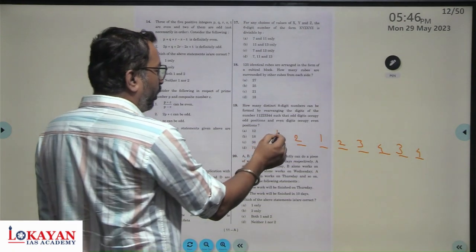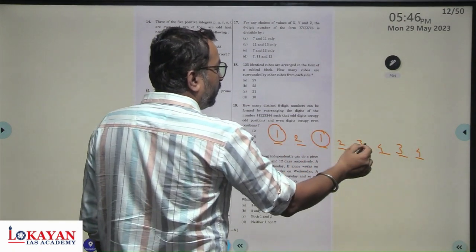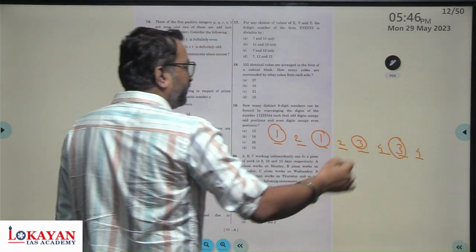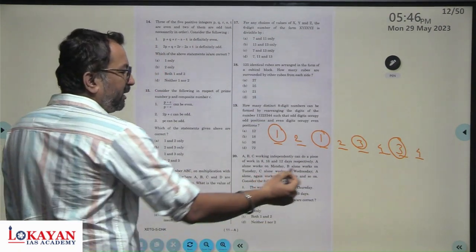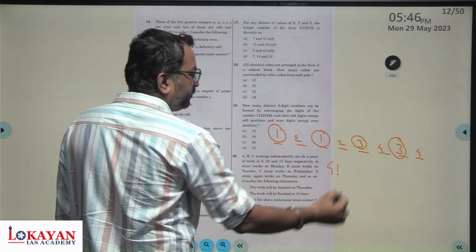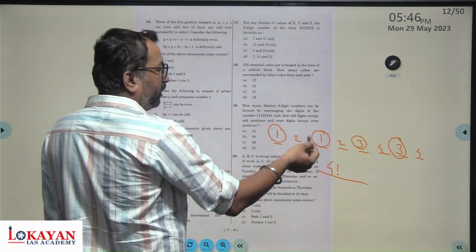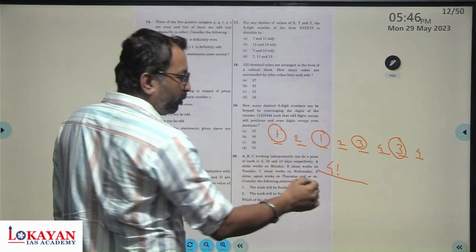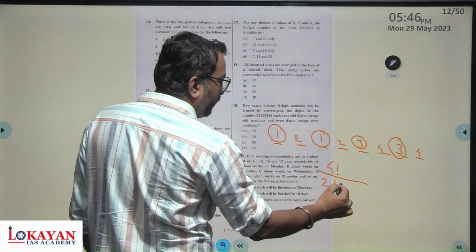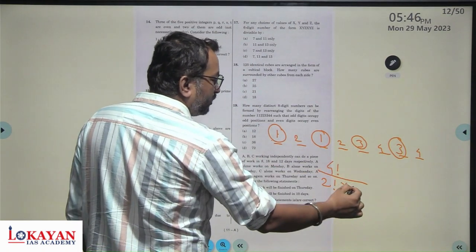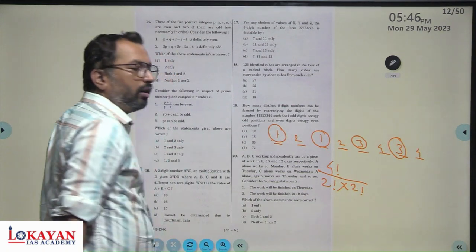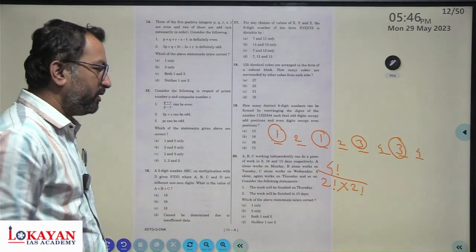Now look at odd digits. 1 1 3 3. 4 digits, 4 positions can be arranged in 4 factorial ways. But there is a repetition. So number 1 is twice, so that we have to discard. So divided by 2 factorial. 3 is also twice. So discard it. That we have to adjust.